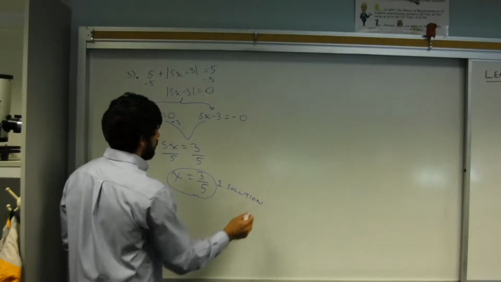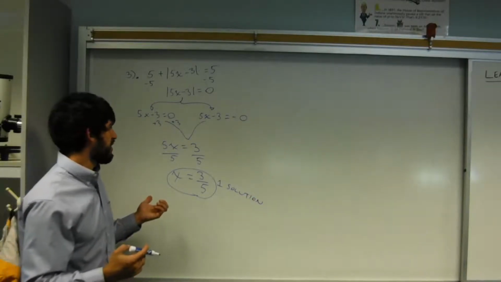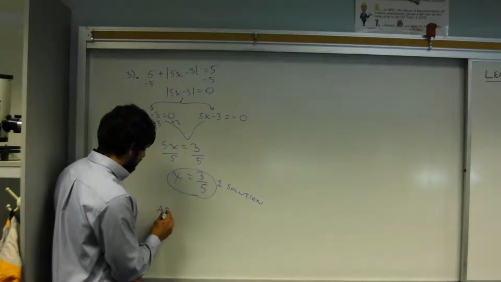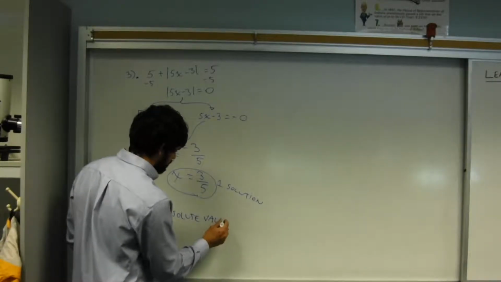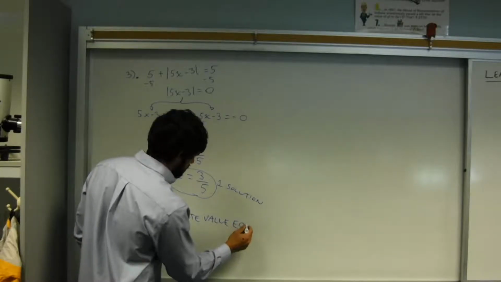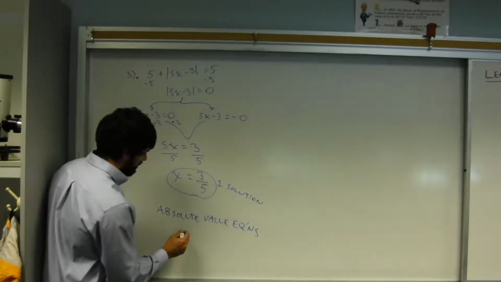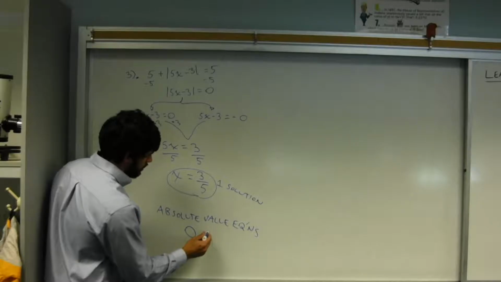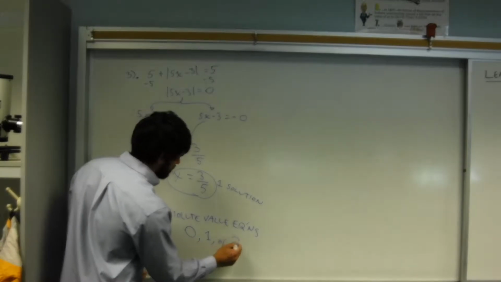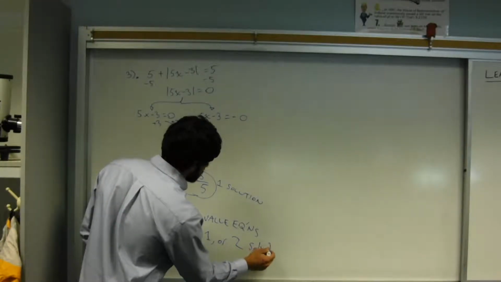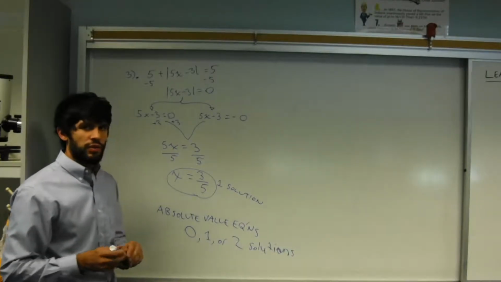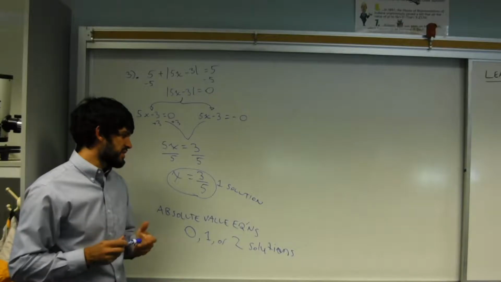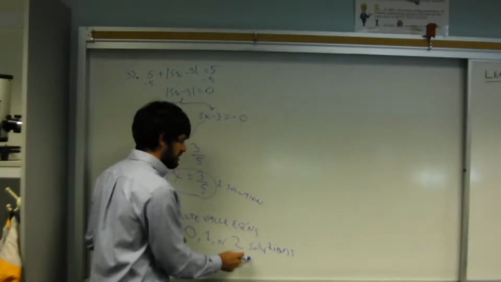So you might be getting the idea now that absolute value equations, let's write it down, equations can have either 0, 1, or 2 solutions. Most of the ones that we're going to explore in this class are going to have 2 solutions.